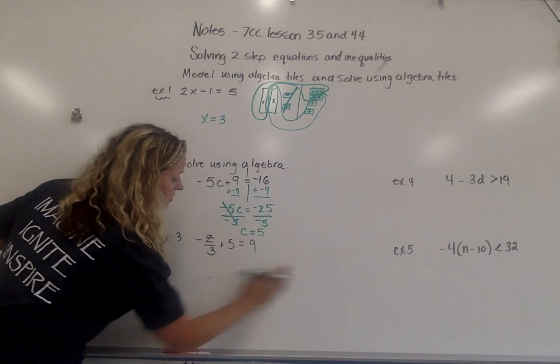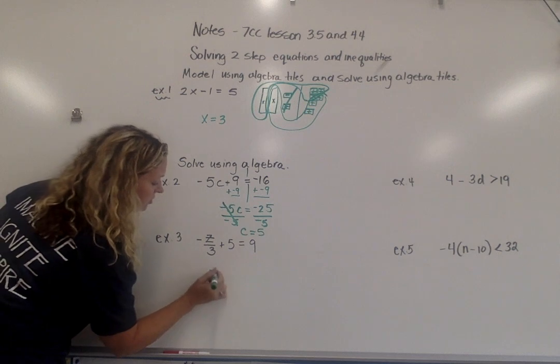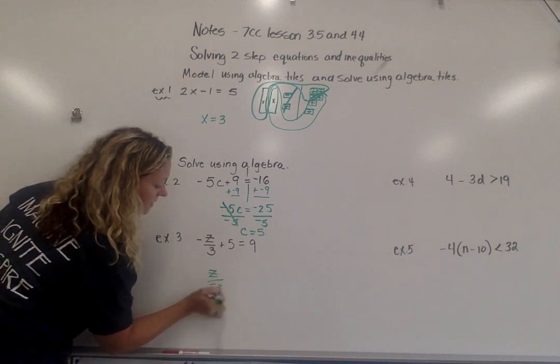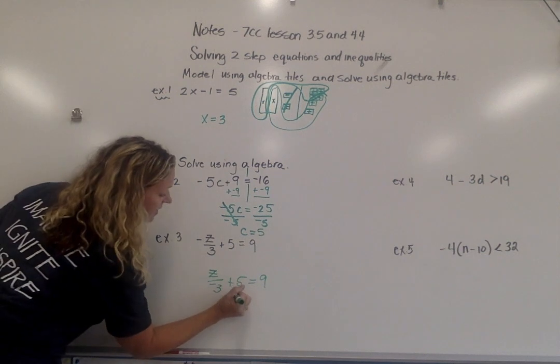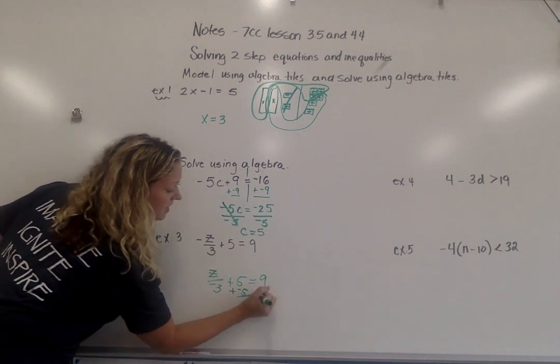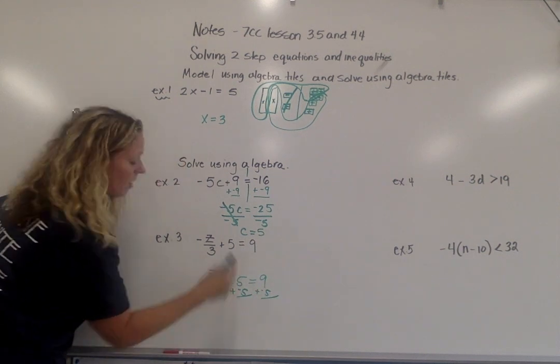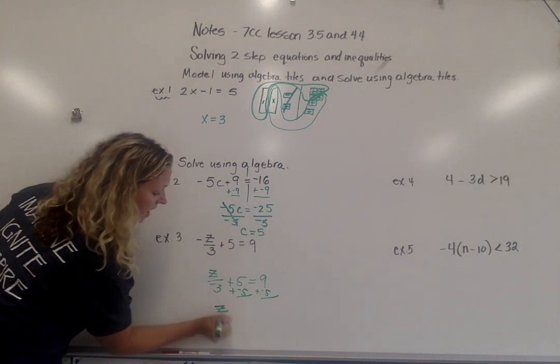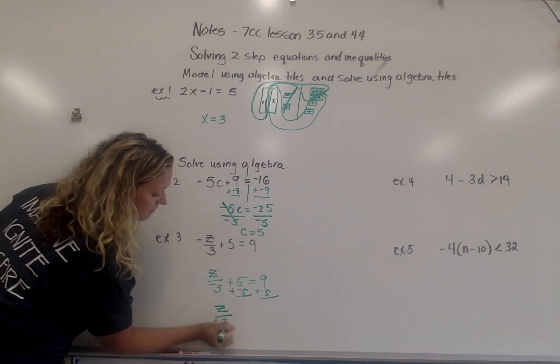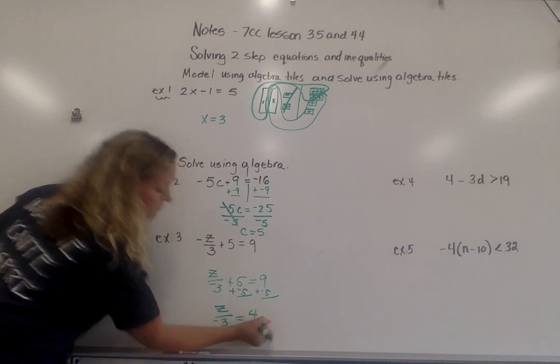If I choose not to do that, I can just look at it that z is being divided by negative 3 plus 5 equals 9. I'm going to combine the negative 5s, or do the opposite, inverse, and move negative 5 to the other side. I now have z is being divided by negative 3, which equals 4.